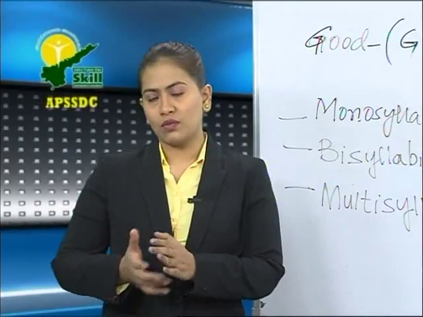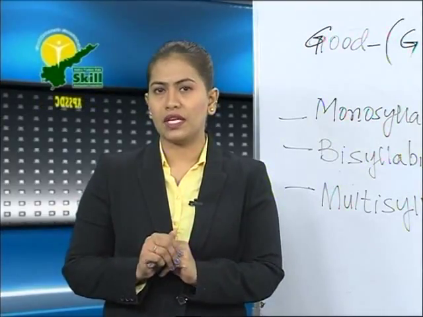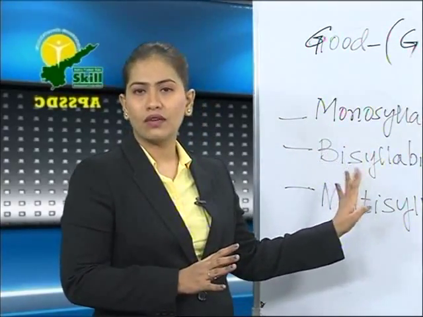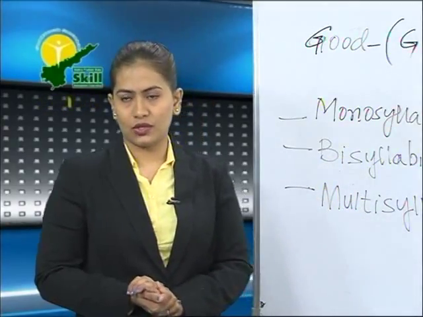The second part of the word is stressed if it is a verb. We will hold down the rules for the time being. We will just focus on understanding the monosyllabic, bisyllabic and multisyllabic definitions.